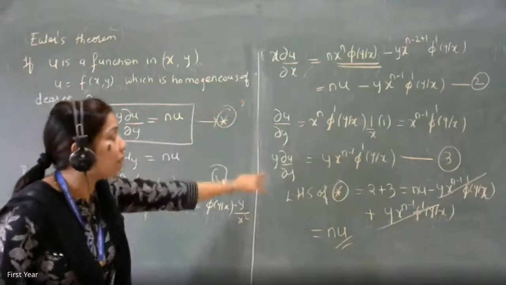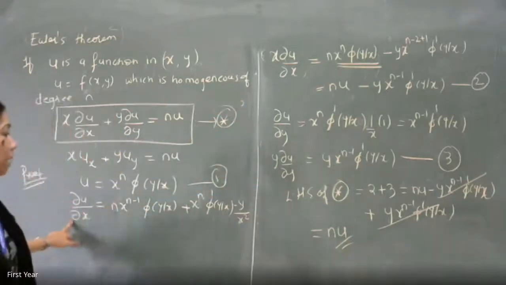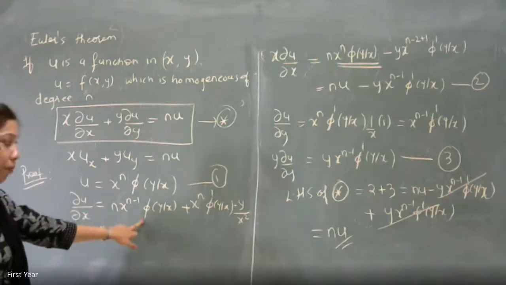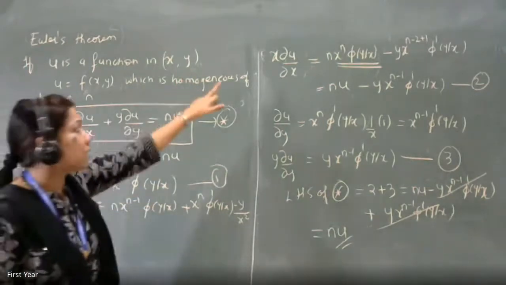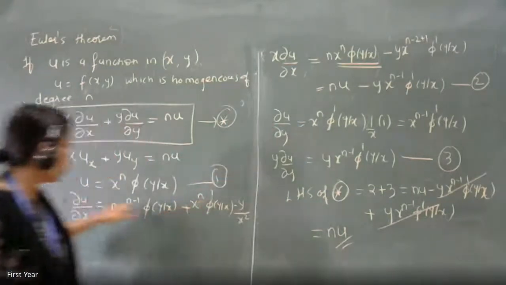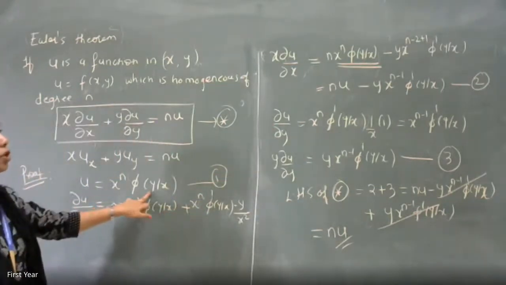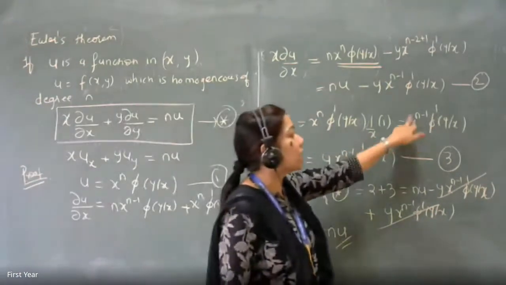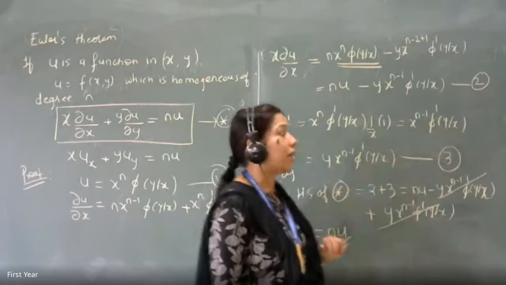That's what I have done. I first found delta u by delta x by differentiating this function with respect to x using product rule, and then multiplied it with x because I want that expression in this equation. Similarly, differentiate u with respect to y, where only one function is depending on y, so I will get the value of delta u by delta y as x raised to n minus 1 phi dash of y by x.